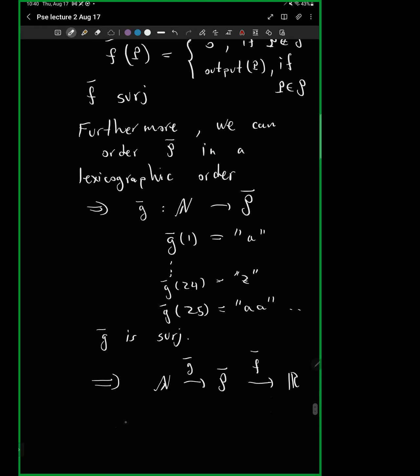And of course, as we said, the composition of surjective maps is surjective. So the map F bar composed G bar from N to R is surjective. And that is a contradiction to Cantor's theorem.